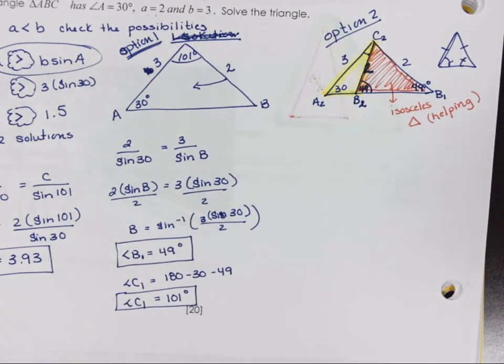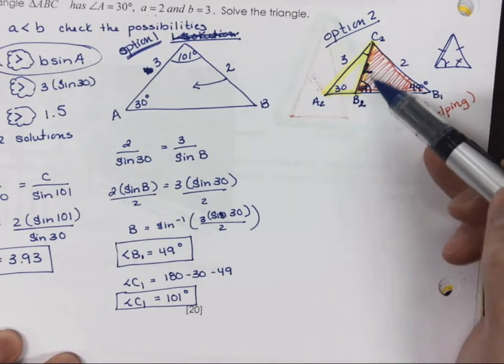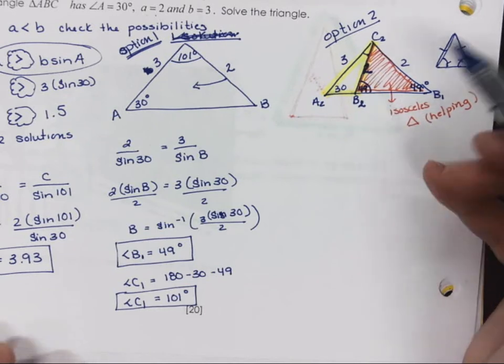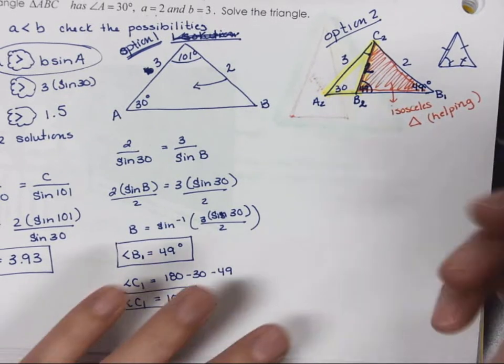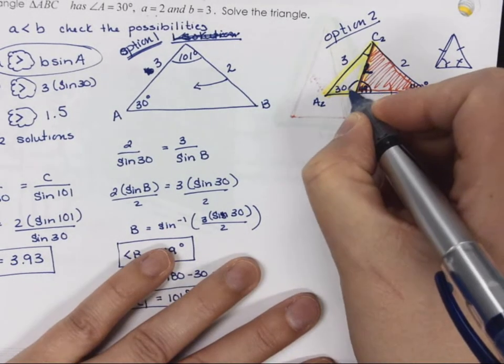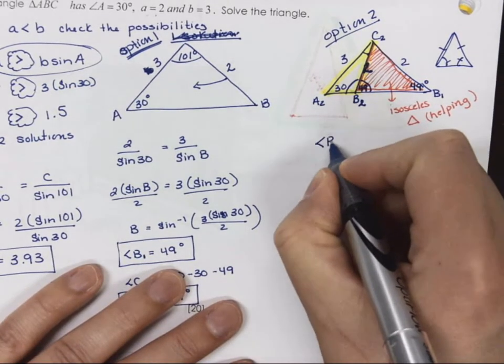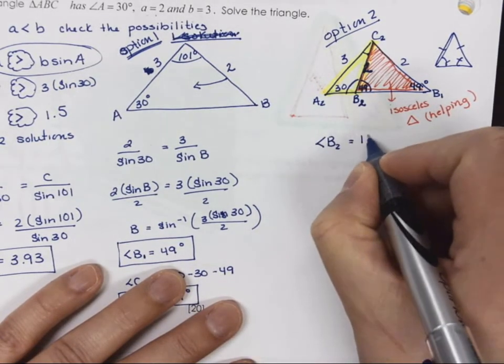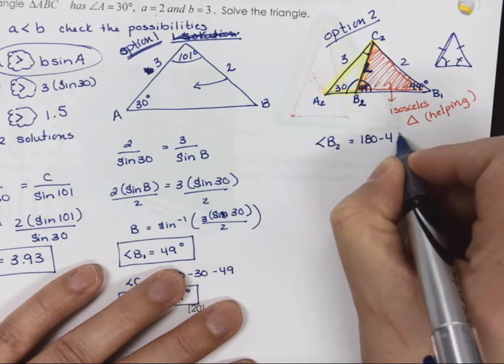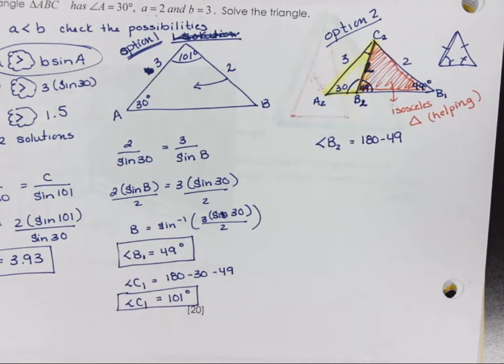But what do you know about the measure of the angle of a straight line? 180 degrees. So what is angle B2? Is it 180 minus 49? Beauty. 180 minus 49. So do you see how that helping triangle, knowing that it was an isosceles, we didn't have to do any sine law to get there. What was that? 130, 131? Thanks.